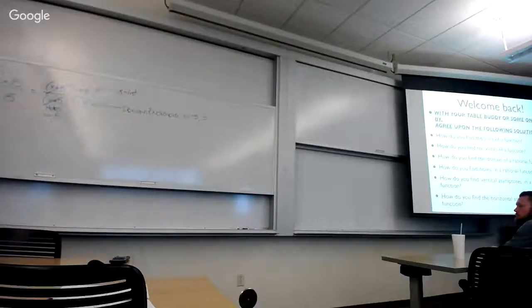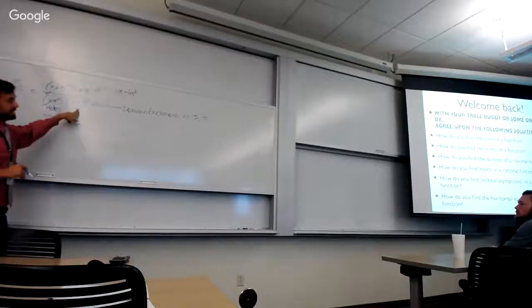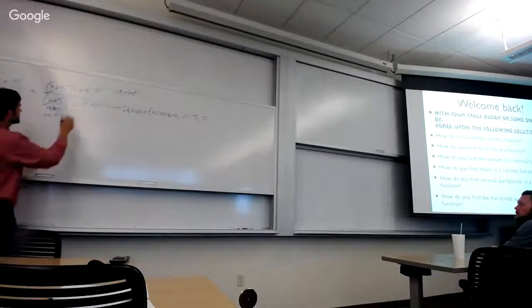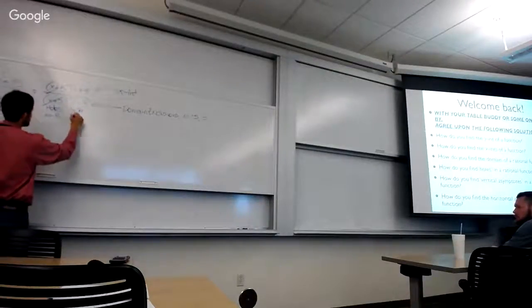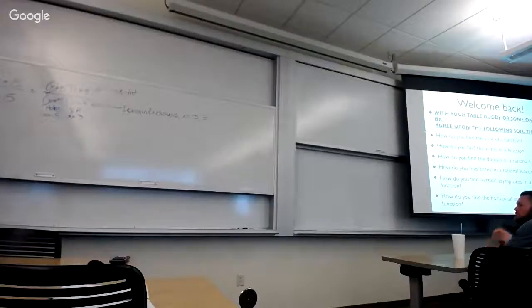All right. And then how do you find vertical asymptotes? Where are the vertical asymptotes? The vertical asymptote is the remaining denominator. Yeah, anything else that doesn't cancel out from the denominator. So in that case, this one right here is a vertical asymptote, I'm just going to write VA for vertical asymptote. So I have a vertical asymptote at 3.